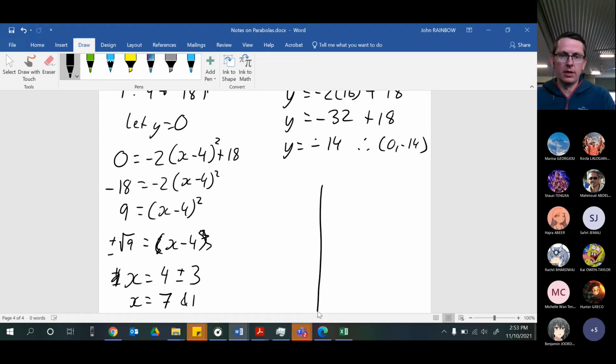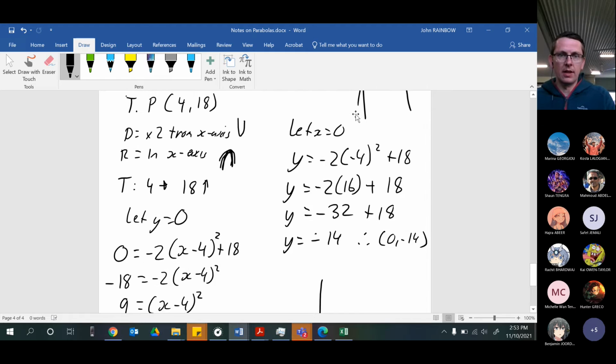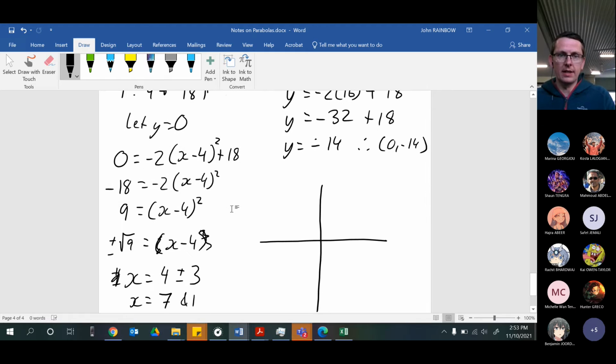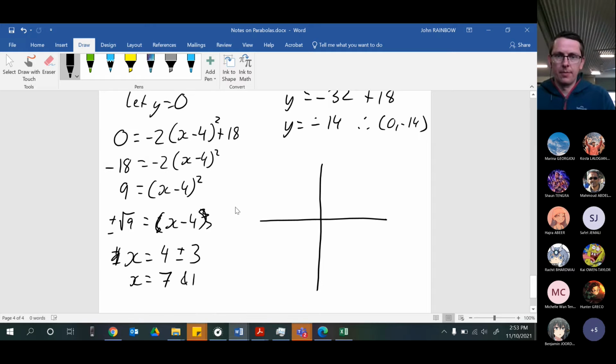So now I've got everything on here. I know that my turning point is at 4, 18. Let's go there. That is 4, 18. My x-intercepts are at 1 and 7. 3, 4, 3, 2, 1, 4, 5, 6, 7.